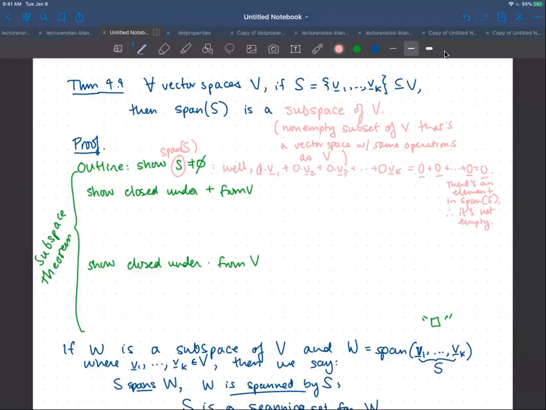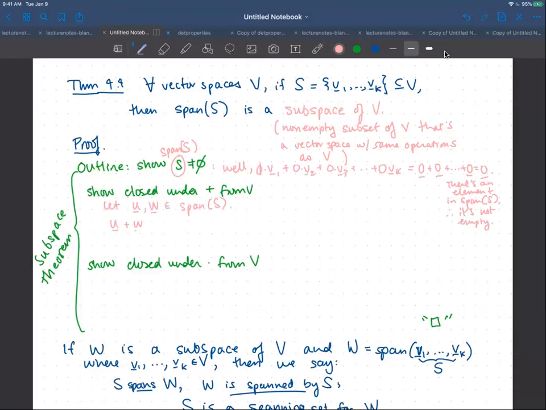Okay, I want to show this is closed under addition from V. So let's let U and W be elements of the span of S, and then I'm going to add them together.